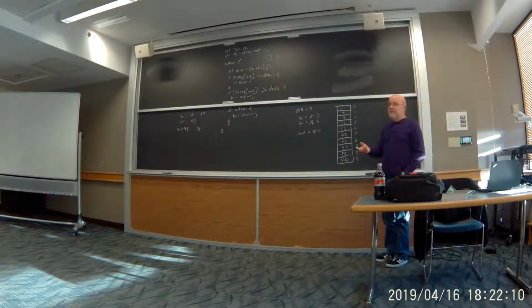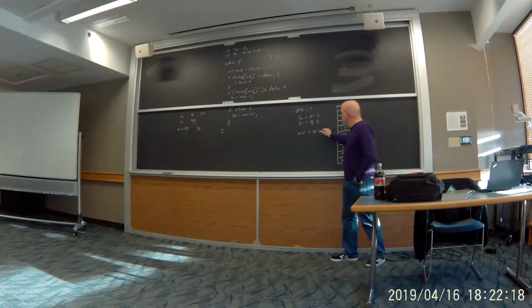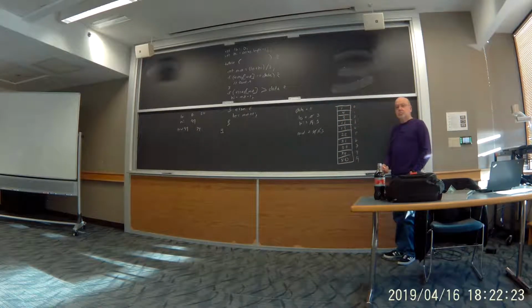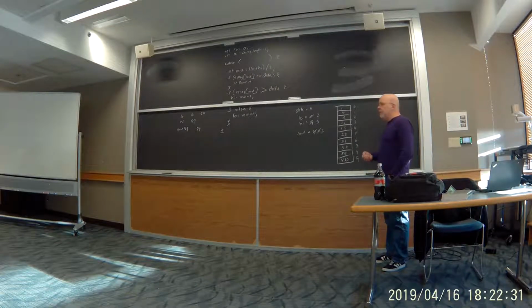Now it's pretty obvious if they're both 3, 3 plus 3 divided by 2 is going to give us 3, which is the one that we're looking for. So then this becomes 3, and away we go. Pretty straightforward, isn't it? It works. It's really efficient.